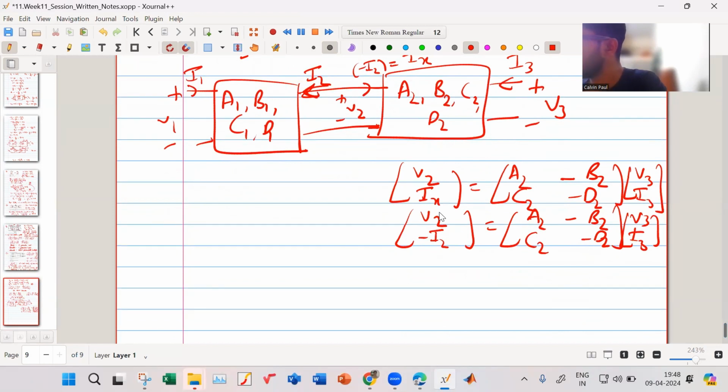In ABCD parameters, already the current is going out. So why is it I2? It is IX, no? Current which is entering in. Already in ABCD parameters, the current is going outwards only, not towards. So the direction of I2 will be in the opposite direction.